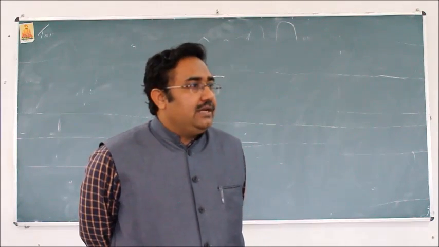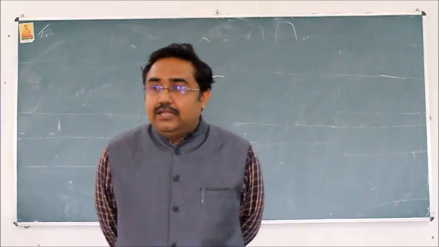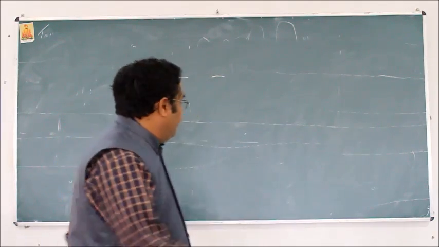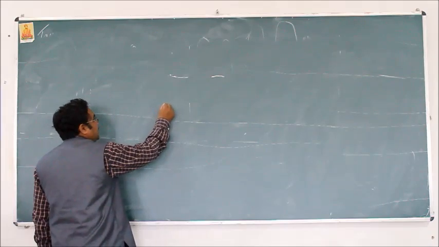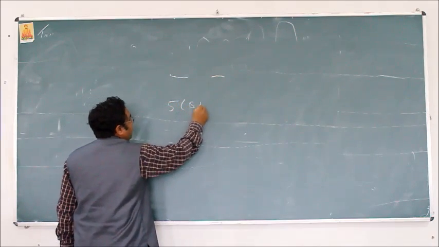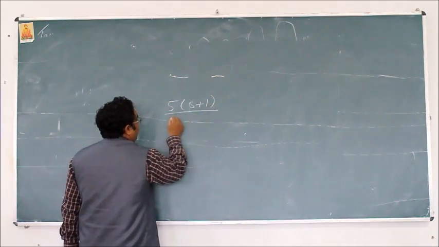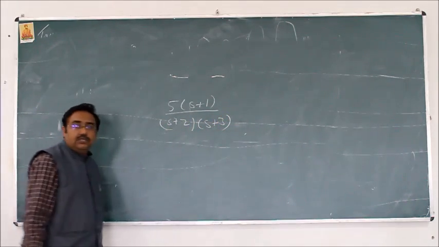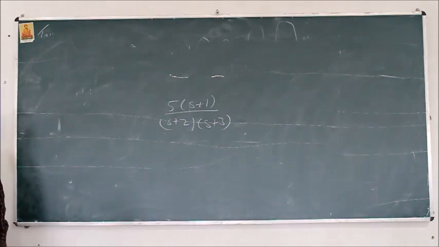Just by substituting that value in the whole expression, except that term. For example, suppose the function is (5s plus 1) upon (s plus 2)(s plus 3). If I ask you to partially fractionalize, what will you do?